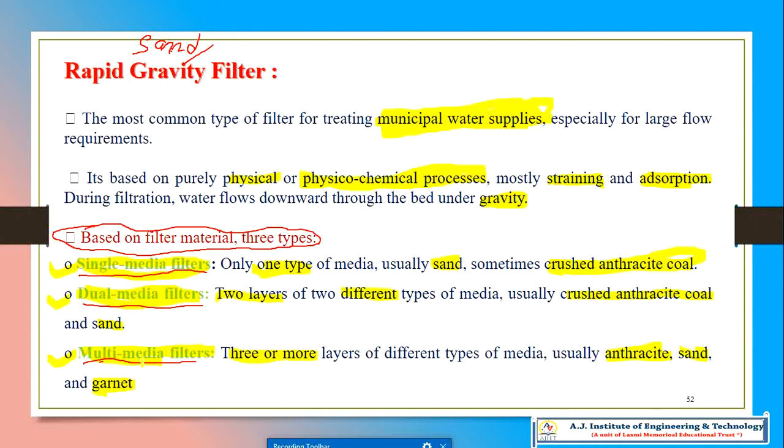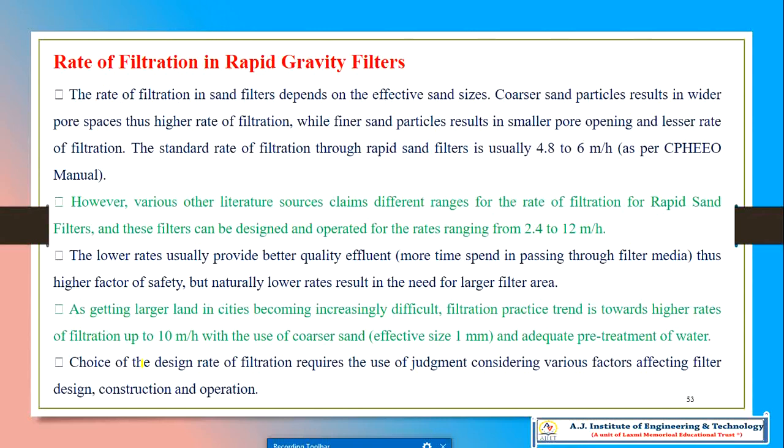So now we'll concentrate on another slide, that is the process involved in rapid filtration in a rapid gravity filter or rapid sand filter.